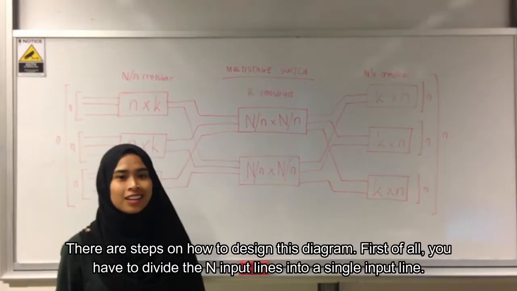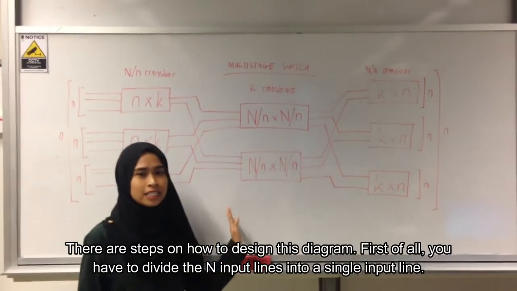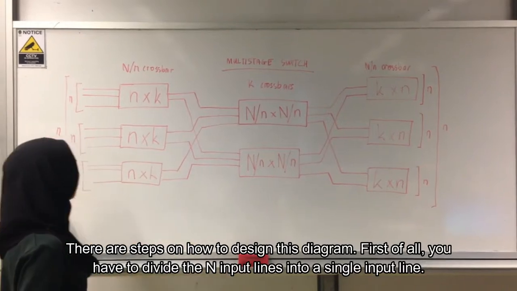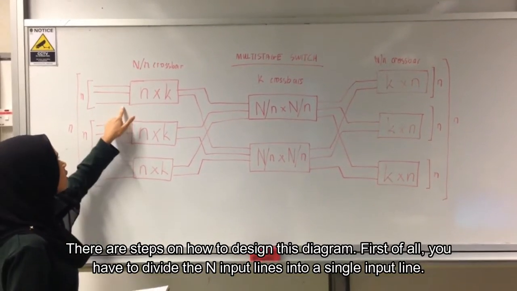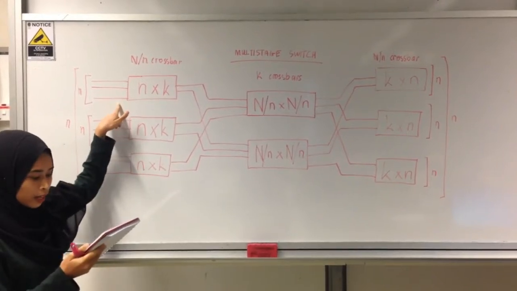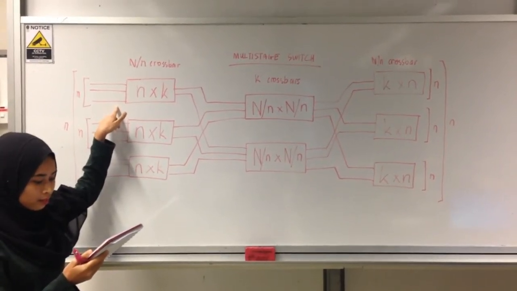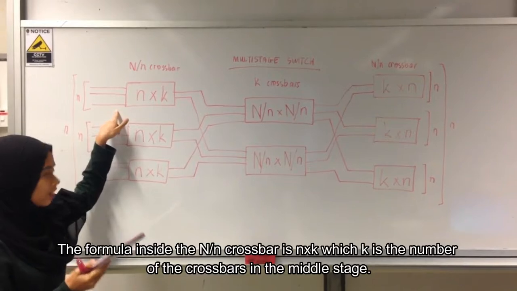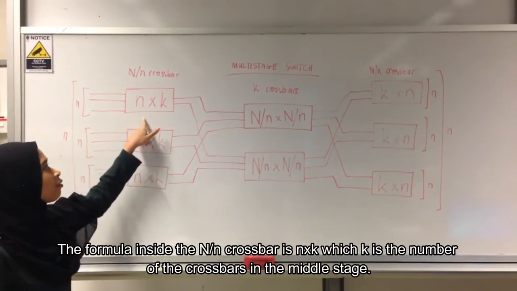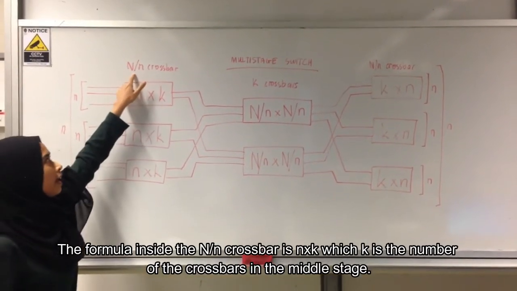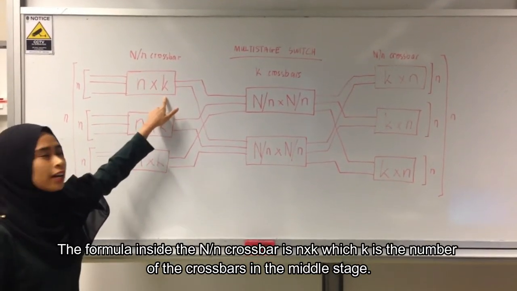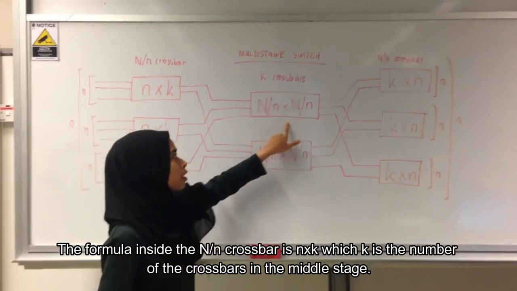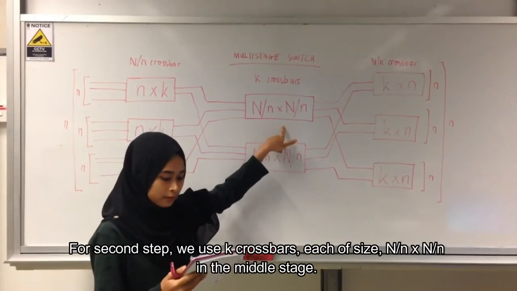Okay, there are steps on how to design this diagram. First of all, we have to divide the N input lines into groups of N per n input lines. The formula inside the N per n crossbar is n times K, where K is the number of crossbars in the middle stage.